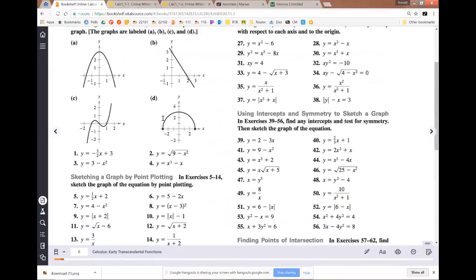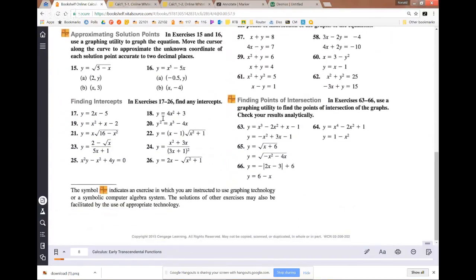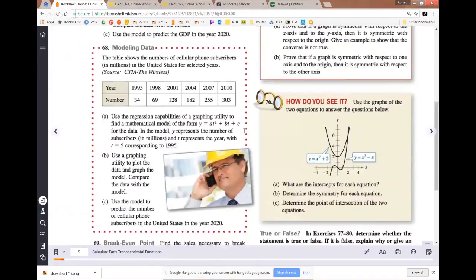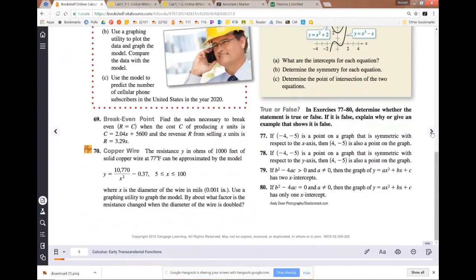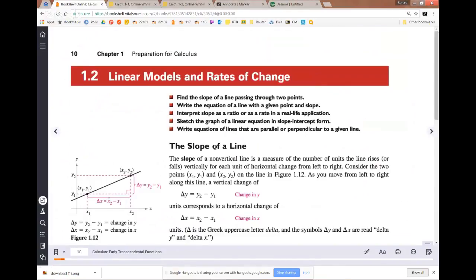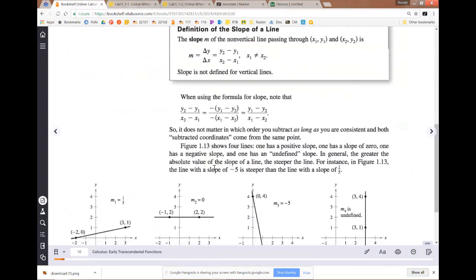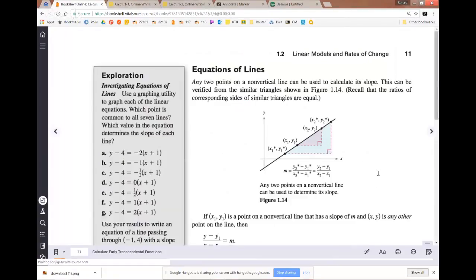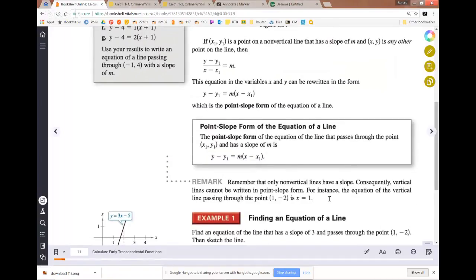Test for symmetries, find points of intersection. Okay, next page. So I might be a little bit ahead of time here. What I've just gone through is some of the stuff from lesson 1.2. And they eventually get into this definition of slope thing here. And you're getting close to what I was doing.